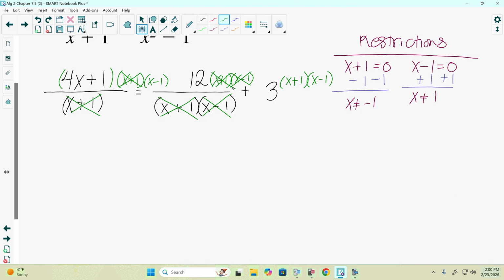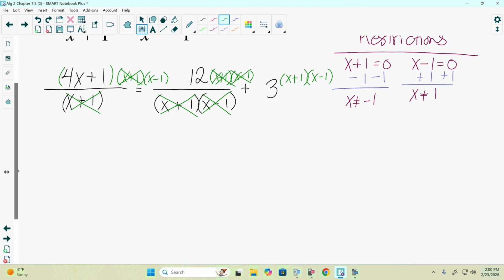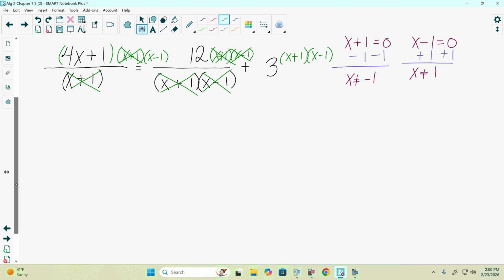This is what we have. Now at this point here, we can see what's left. In our first expression, we'll have the x plus 1, and it's being multiplied by x minus 1, because those are the only two terms left on top. Our middle expression, we do have the 12, but the x plus 1 and x minus 1 we multiplied it by simplified with what was on bottom.